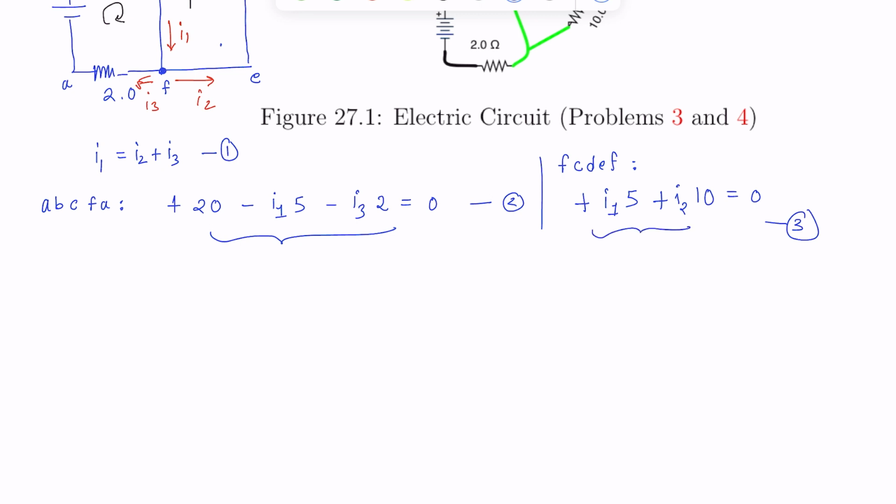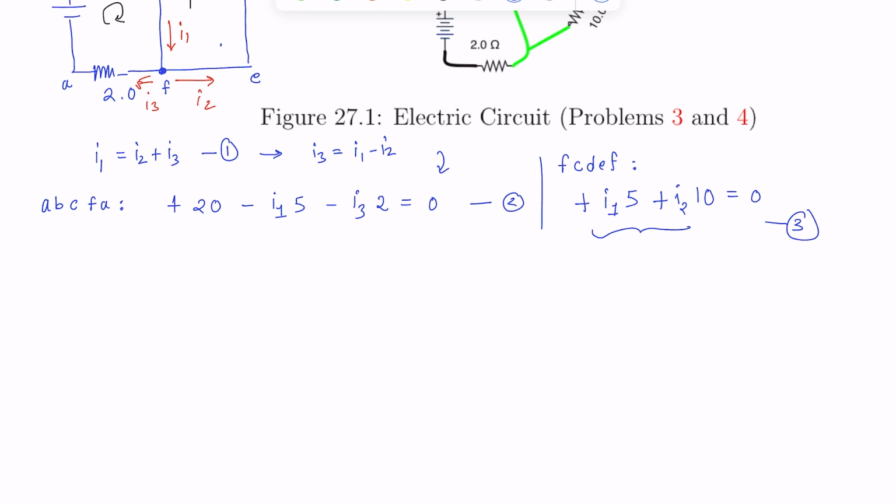So if there was a way I could turn equation 2 in terms of I1 and I2, then I can maybe multiply something and subtract or add that to equation 3. I can get rid of one of the two between I1 and I2. So that's exactly what I'm going to do. I'm going to use I3 equals I1 minus I2 from equation number 1 in equation 2.